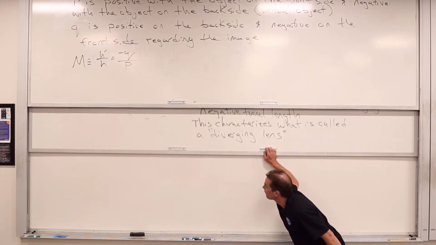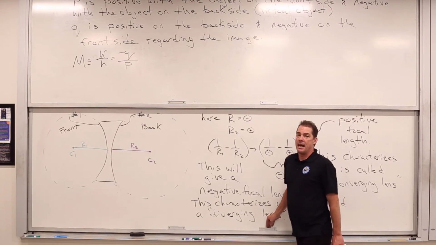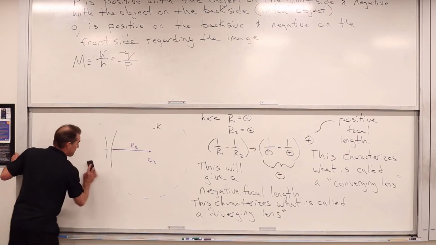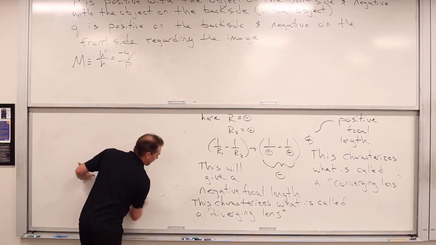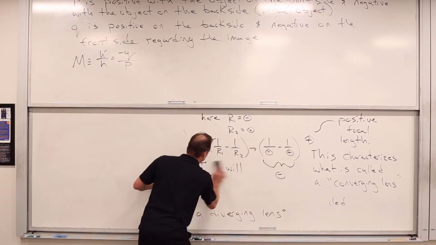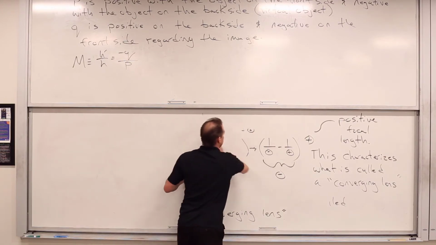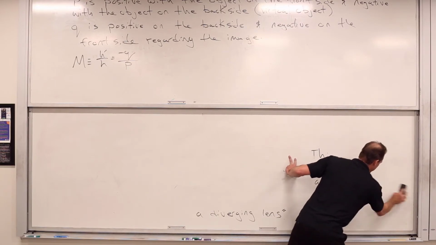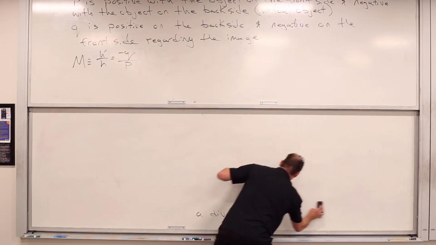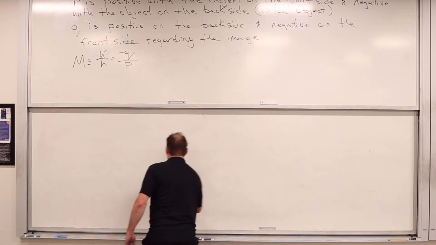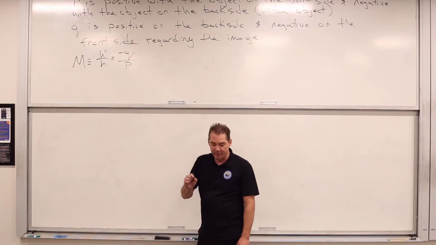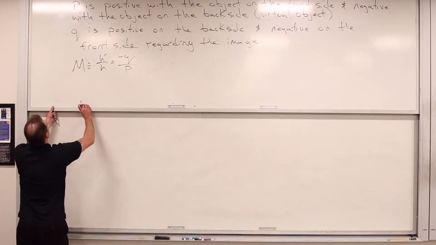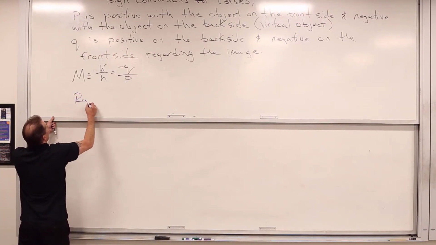So one last thing that we want to look at before doing problems is, excuse me, ray diagrams regarding lenses. Just like with spherical mirrors, ray diagrams involve three primary rays, but slightly different in terms of the composition.